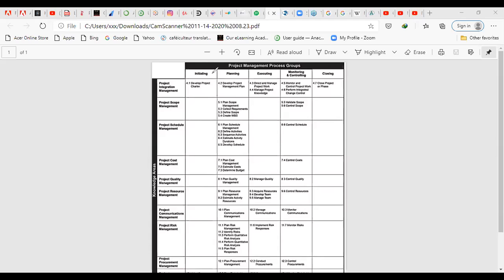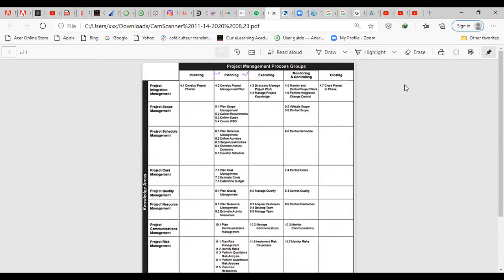Here, the process groups are grouped according to the phases of the project life cycle. The life cycle is initiating, planning, executing, and closing. I think this is better.